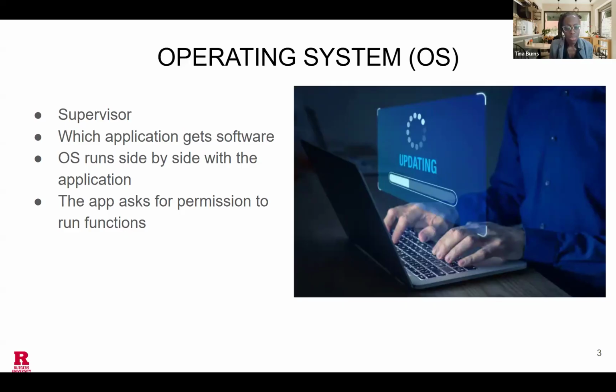That means they determine which application gets the hardware, and your operating system runs side by side with those applications. If Python says I want to talk to this component of your hardware, any API, it will have to get permission from the operating system in order to do that.